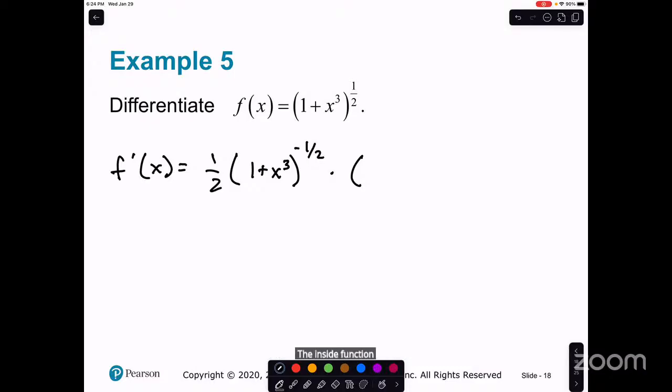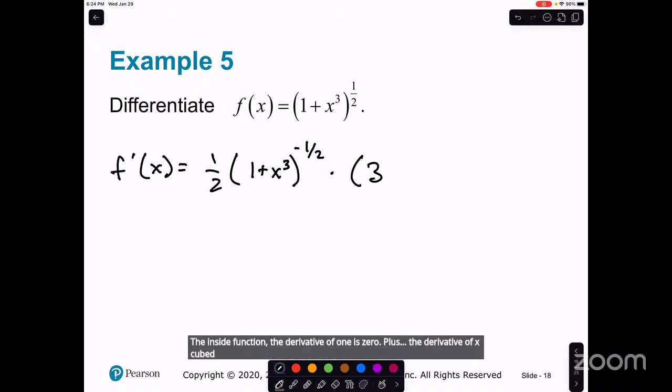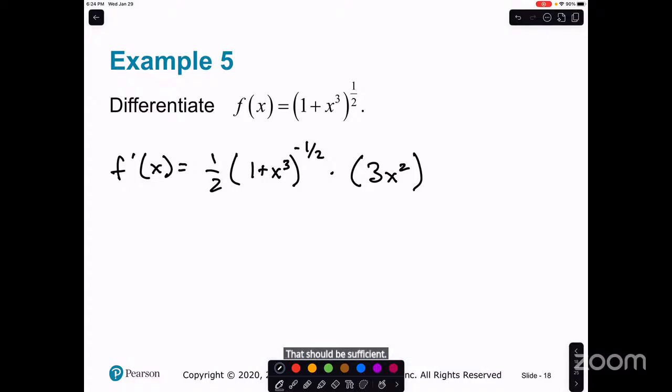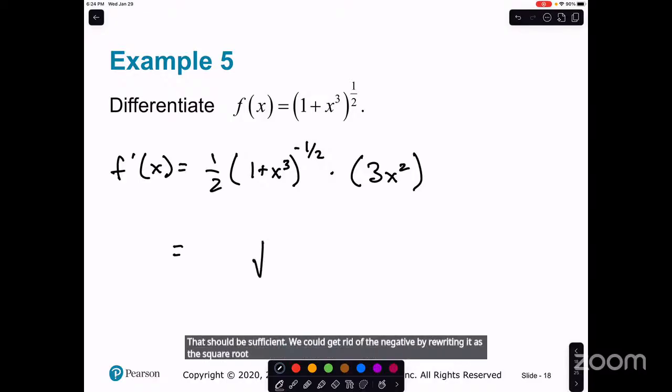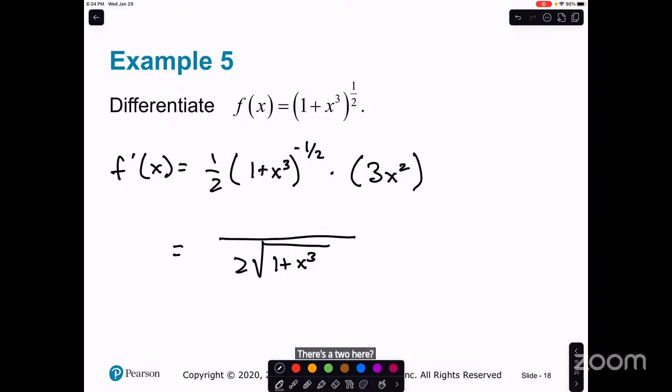The derivative of 1 is 0, plus the derivative of x cubed is 3x squared. That should be sufficient. We could get rid of the negative power by rewriting it as the square root of 1 plus x cubed. There's a 2 here, and 3x squared.